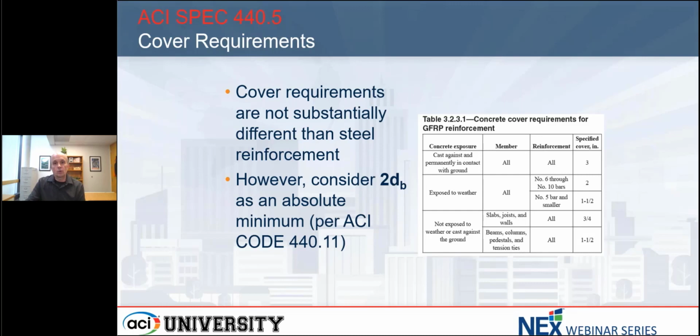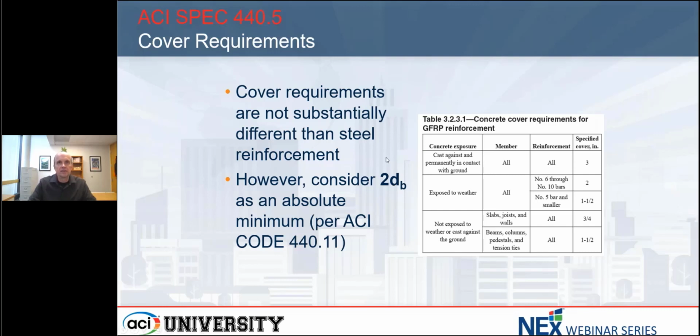In terms of cover requirements, the cover requirements are not that much different than steel. The table that you see there is virtually identical to the requirements for steel reinforced concrete. The one caveat that I would highlight is that in ACI 440.11, the design code, there is some commentary about making sure that cover exceeds at least twice the bar diameter.